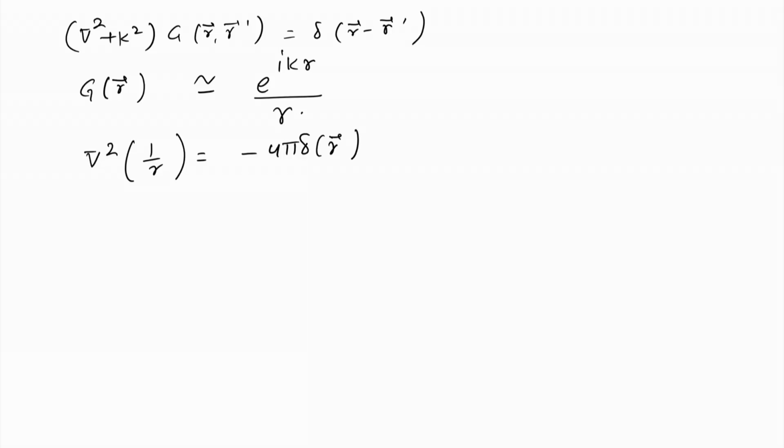Okay. So, it can easily be seen that (del square plus k square) of exponential plus minus i k r by r is equal to minus 4 pi delta of r.